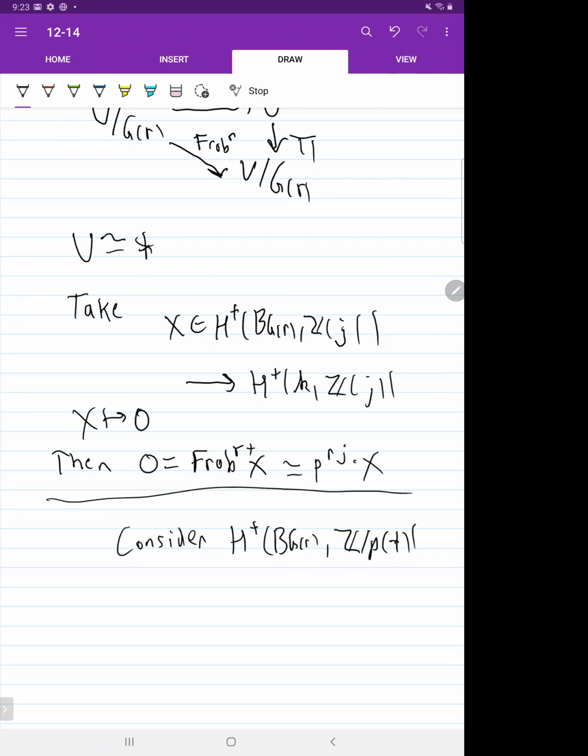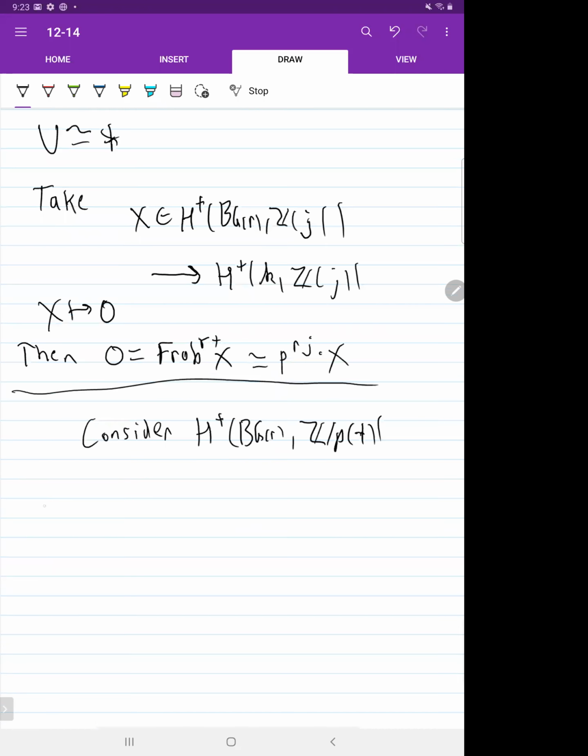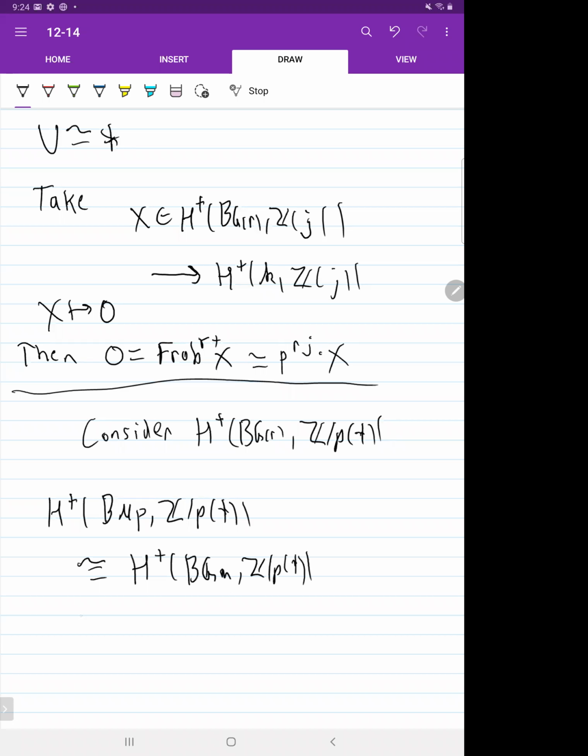And the guiding example for us will be that the motivic cohomology of Bμ_p is isomorphic to the motivic cohomology of BG_m tensored with the motivic cohomology of μ_p.